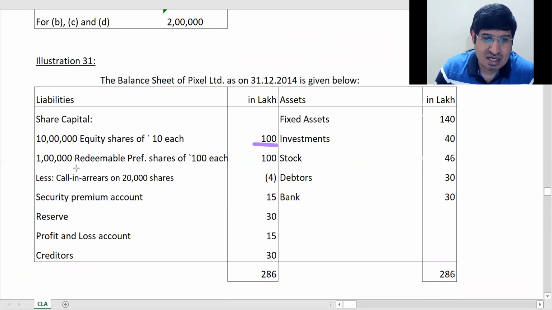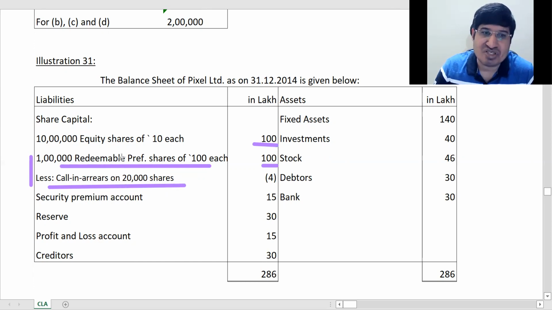This is our redeemable preference shares of 100 each, and this is again 100 lakhs. So now this calls in arrears is written here next to redeemable preference shares, right? It's calls in arrears for this. Calls in arrears is basically for redeemable preference shares, not for equity shares, okay? As it is written next to this.